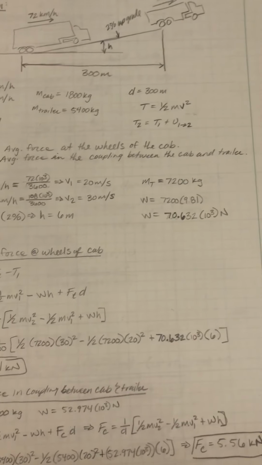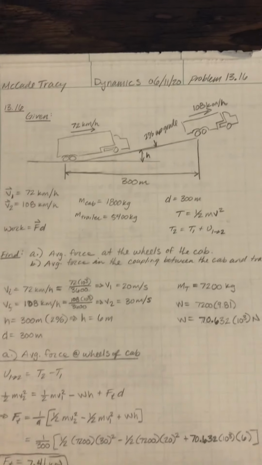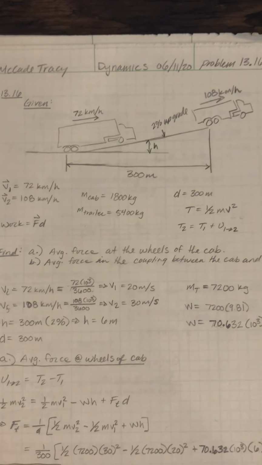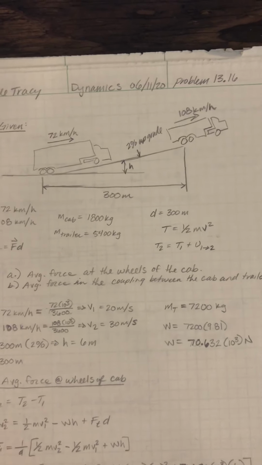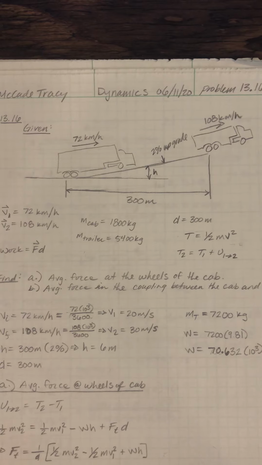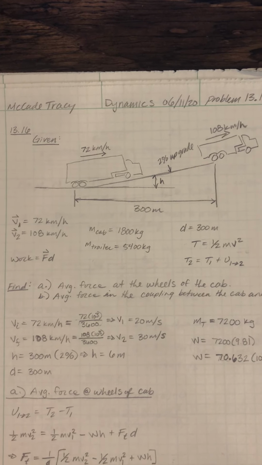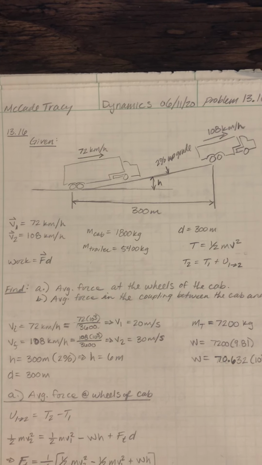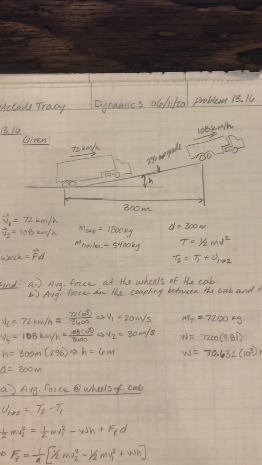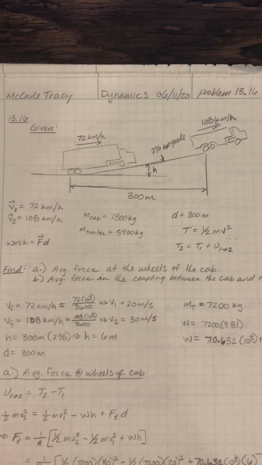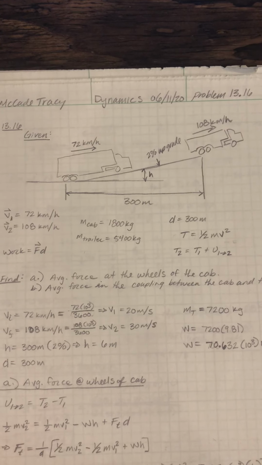Moving on, for this next one, we're given a truck that is going up a 2% incline. We are given that the velocity before it gets onto the incline is 72 kilometers per hour, and as it is going up, the second velocity is 108 kilometers per hour.